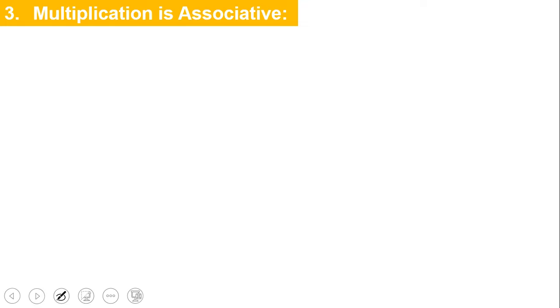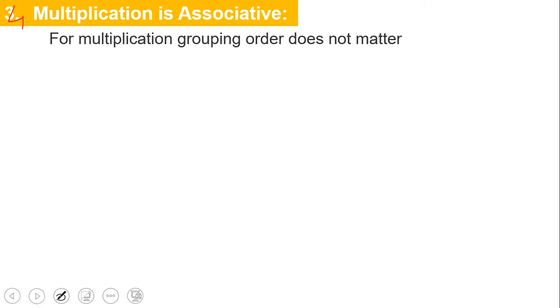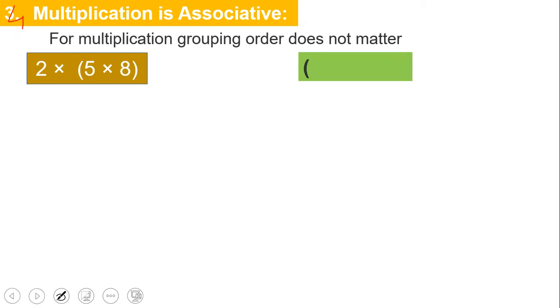Now multiplication is associative. This is the fourth rule. Is that clear? So for multiplication is associative, grouping order again does not matter, as in the case of addition. Okay. So 2 into (5 into 8). And what is another grouping? (2 into 5) into 8. Okay. Now what is the answer? 5 into 8? 40.